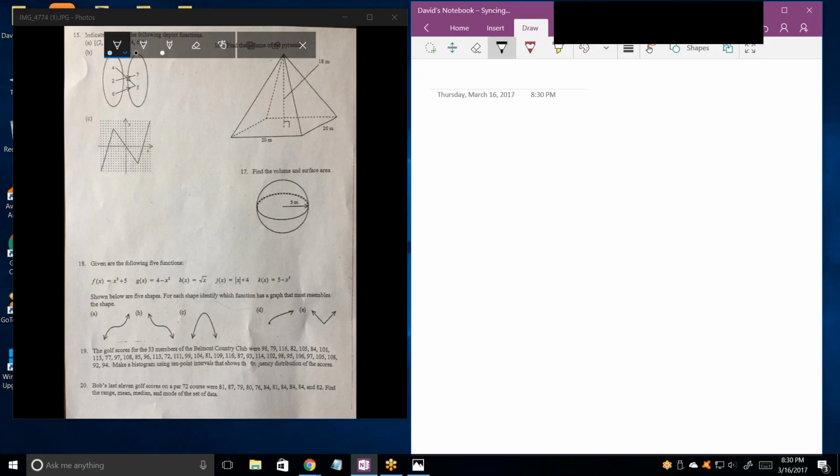Bob's last 11 golf scores were those. Find the range, mean, median, and mode. What do you have to do before you can do that? Put them in order. Yeah, so let's put them in order. What's the lowest score? 76. And then there's a 79.